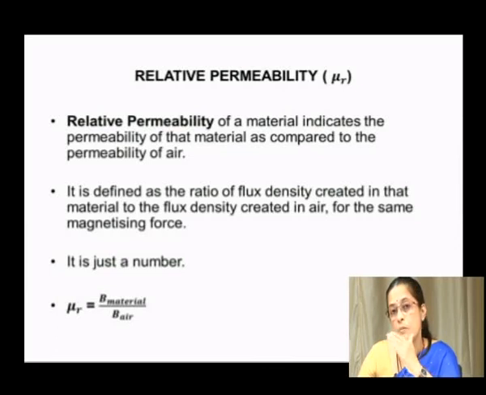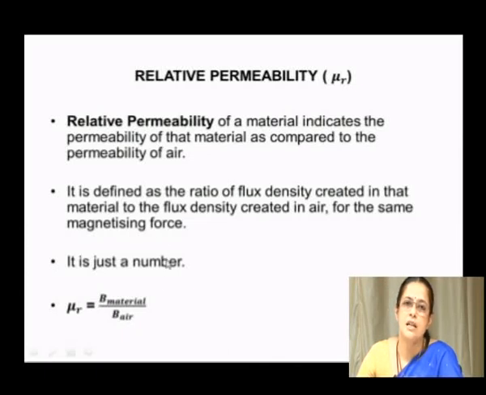I am not going to change the magnetizing force, it is going to be the same in both cases. Then when you take the ratio, it is given by mu r is equal to B material, that is flux density in the material, by B air, meaning flux density in air.